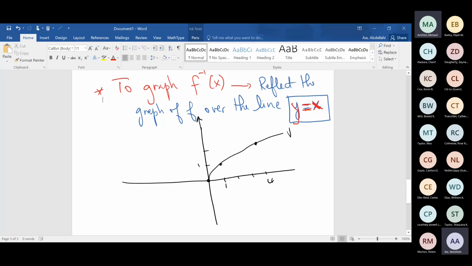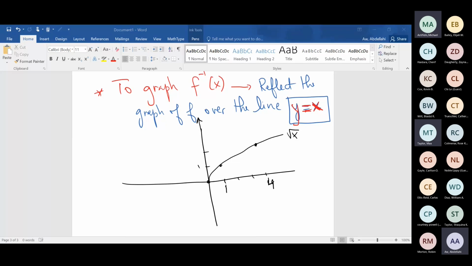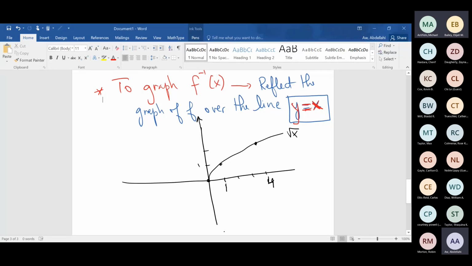This looks like the graph of square root of x, right? So now this graph, does it represent a one-to-one function? What do you think? Yes. What test does it have to pass to say yes? The horizontal line test, right? Okay, the graph passes the horizontal line test. So this is the graph of a one-to-one function.